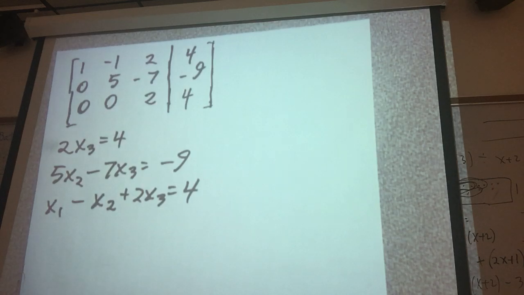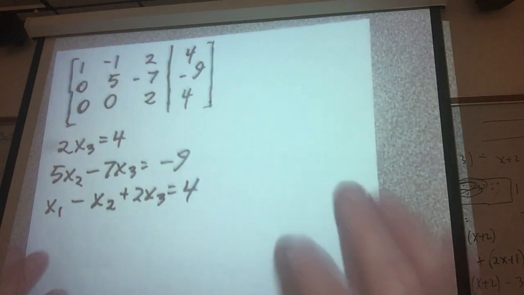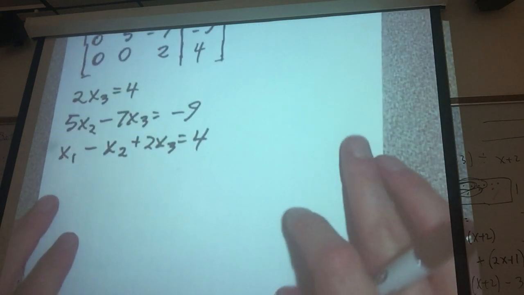So these are the 3 statements that we get from the Gaussian elimination. What we can do from this is actually start at the bottom. I wrote them backwards, but this is where we're going to start. We're going to start at 2x3, which equals 4. So these are the three equations that we derived.